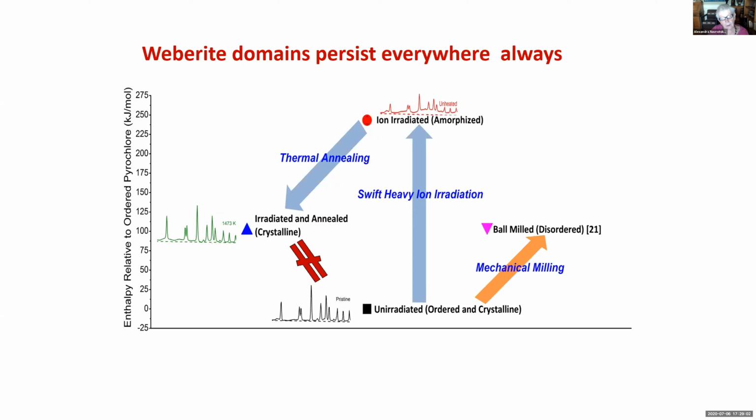And those domains are built on a motif that is another structure derived from fluorite. It's something called the Weberite structure.